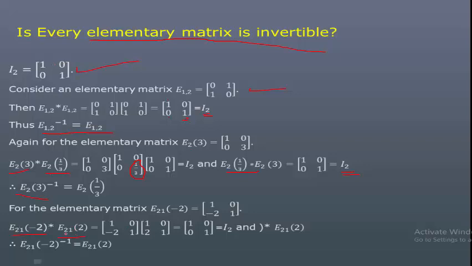Take the product of these two matrices. In the same manner, you will get the identity matrix. So you have seen that the inverse of E21 minus 2 is E21(2). What you have noted is that elementary matrices are invertible, and the inverse of an elementary matrix is again elementary.